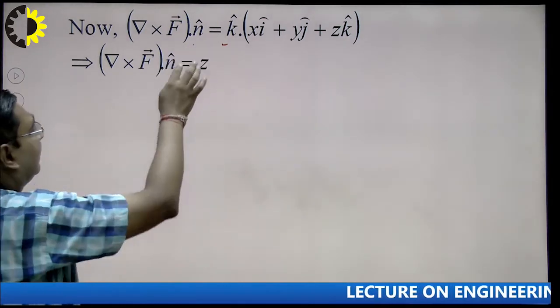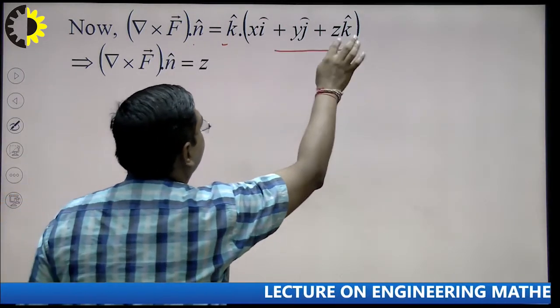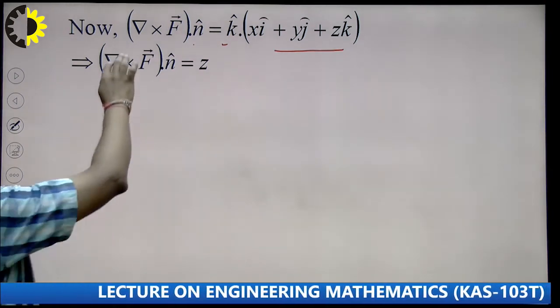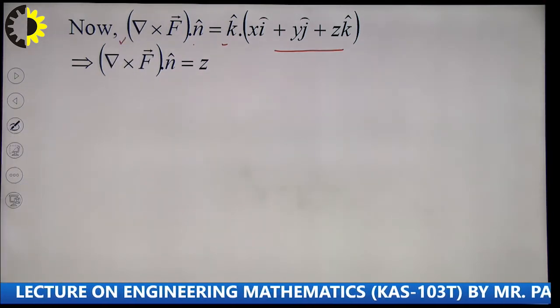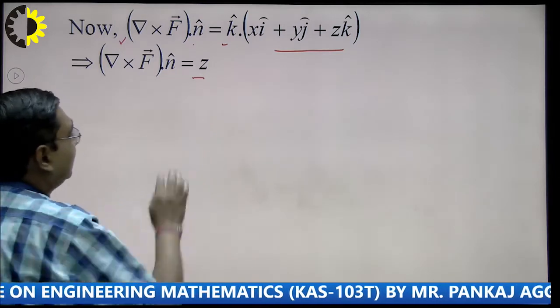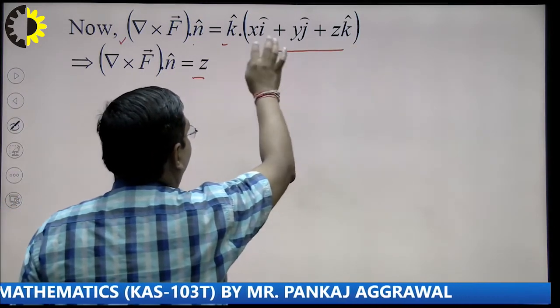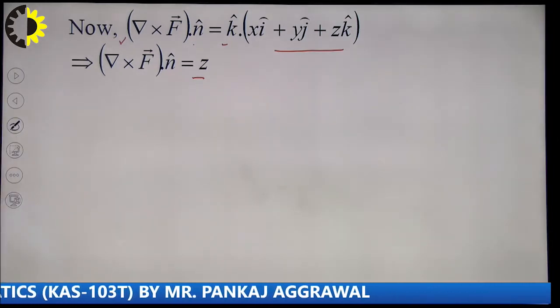This normal vector n cap is xi cap plus yj cap plus zk cap. So del cross F dot n cap will become simply z, because k dot k cap will be 1 and the remaining terms will be 0.